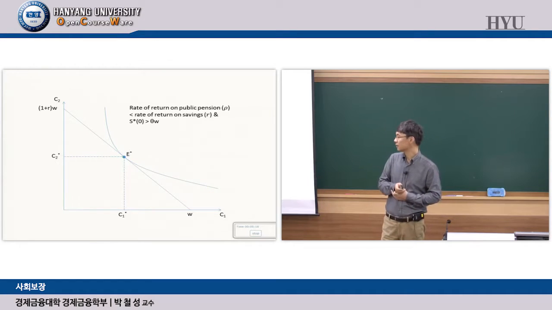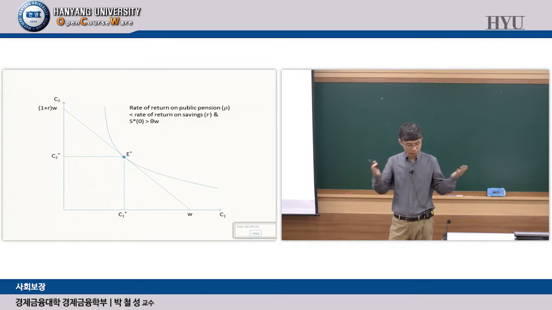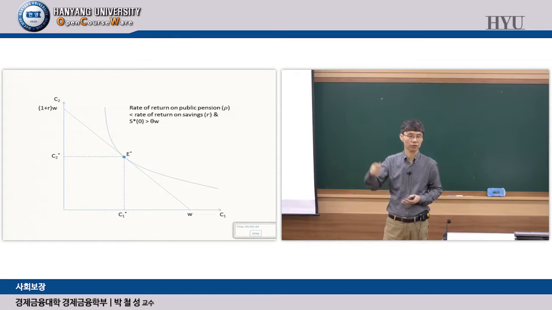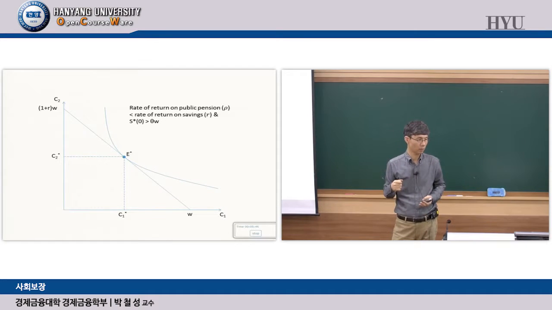And second, that problem basically is related with the problem. For example, let's say you have a pay-as-you-go system. Pay-as-you-go system is simply that they collect money from current working young individuals, and then they pay the elderly population who should receive the pension from that money they just collected from young people. Okay?